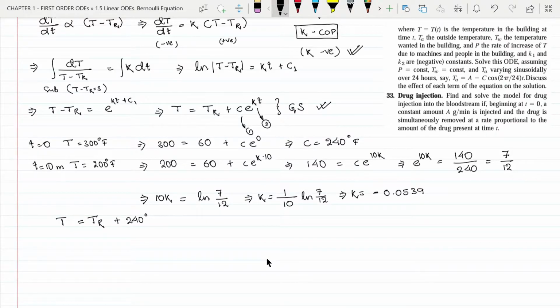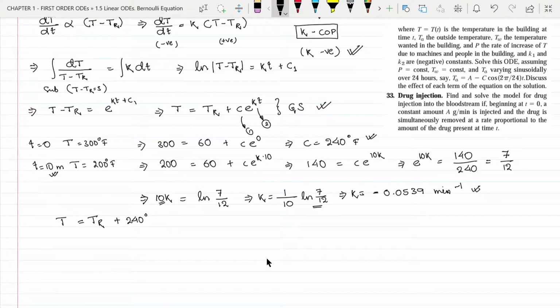Now one thing you have to remember here, the unit of K is time inverse or minute inverse, because here you can see that the natural log is dimensionless, and this 1 by 10 is 1 by time unit, because the time was 10 minutes. So in this equation, K was multiplied by the time, that is 10 minutes, and it has been divided with this natural log term. So that is why the unit of K is minute inverse.